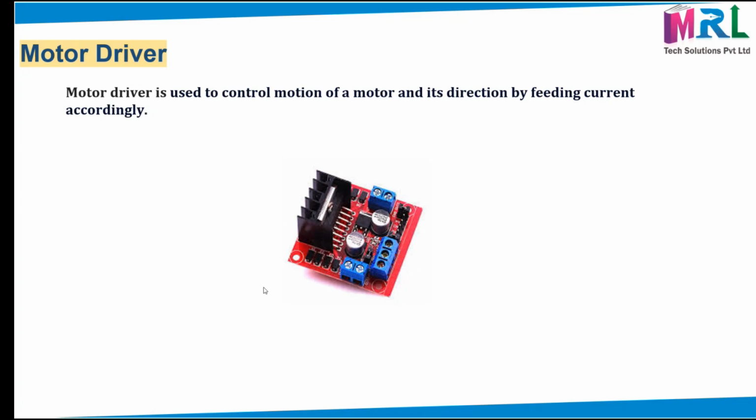We have sent two different types of drivers for the experiment. The function is the same. Everyone understand that the function is not different. The component is different. So you need not worry about that. We will tell you how to connect the red driver as well as the normal driver.